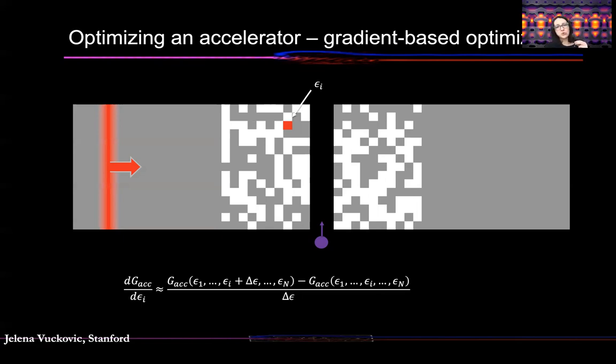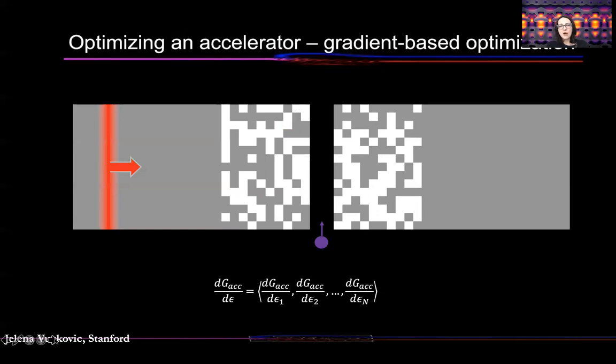So you have to look at the derivative of the acceleration gradient relative to the dielectric constant of the structure. That provides the sensitivity of the acceleration gradient and tells you which pixels you have to change in order to make maximum changes to the acceleration gradient for your particle.